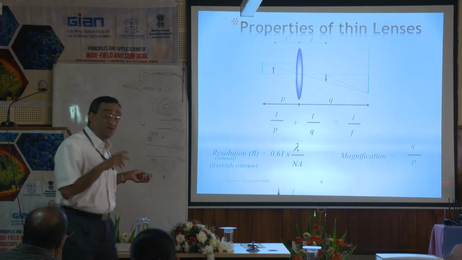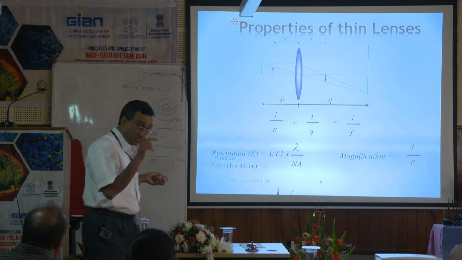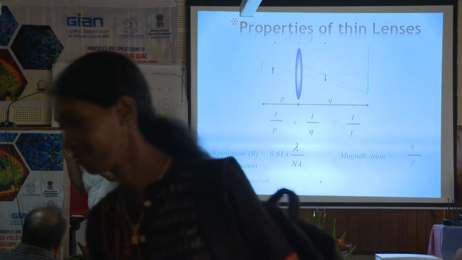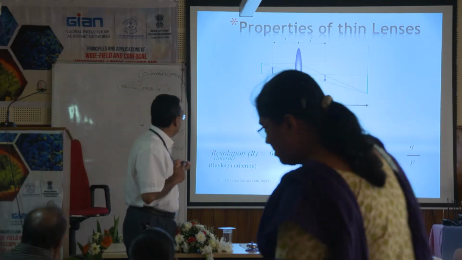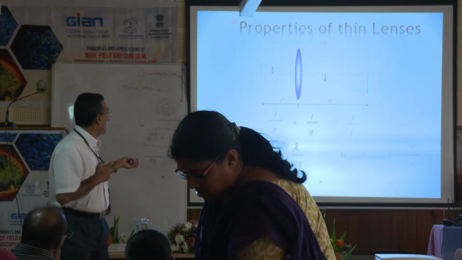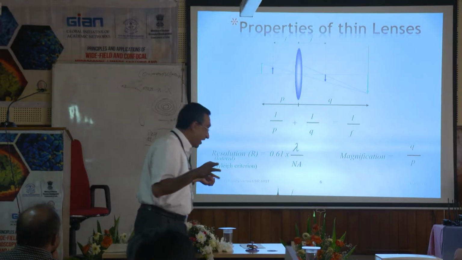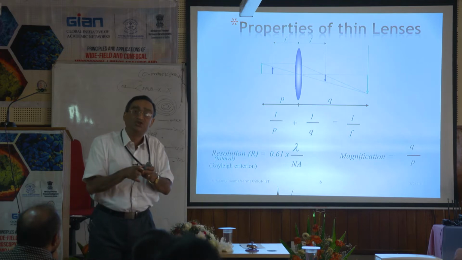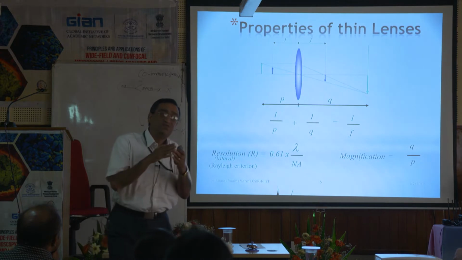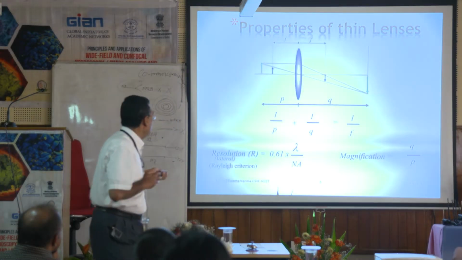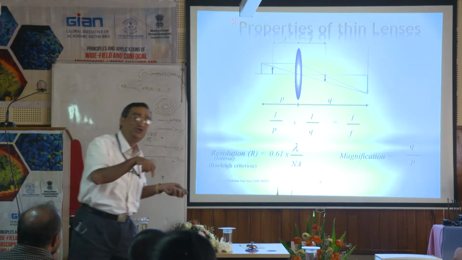Another important aspect is resolution, which I call the Rayleigh criterion: resolution R = 0.61 λ / numerical aperture. I want this resolution to be the smallest possible value. For this, either the numerical aperture should increase or lambda should decrease.